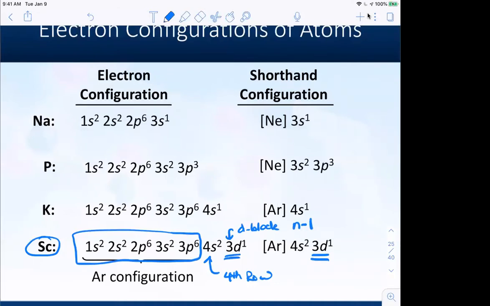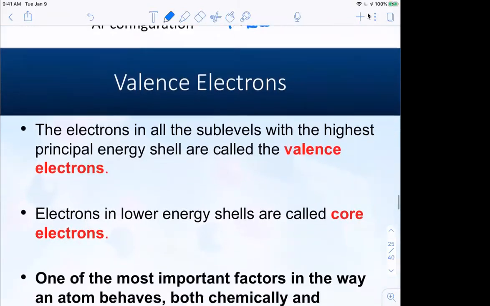Notice I go from 4s2, I drop down to 3, and I start filling those electrons. These are not considered valence because they're not in the outermost shell. The valence electrons for this particular atom would be those 4s2 electrons.